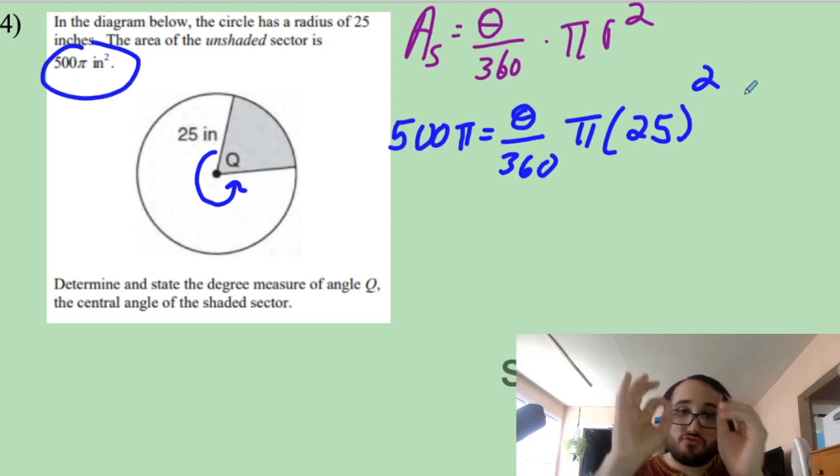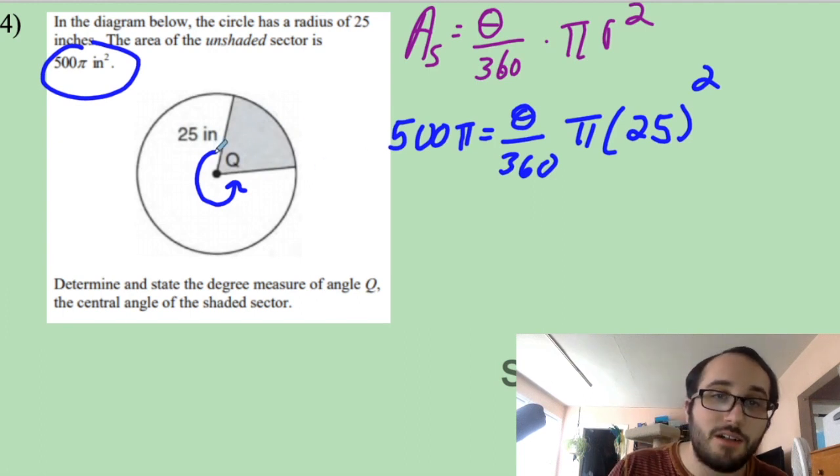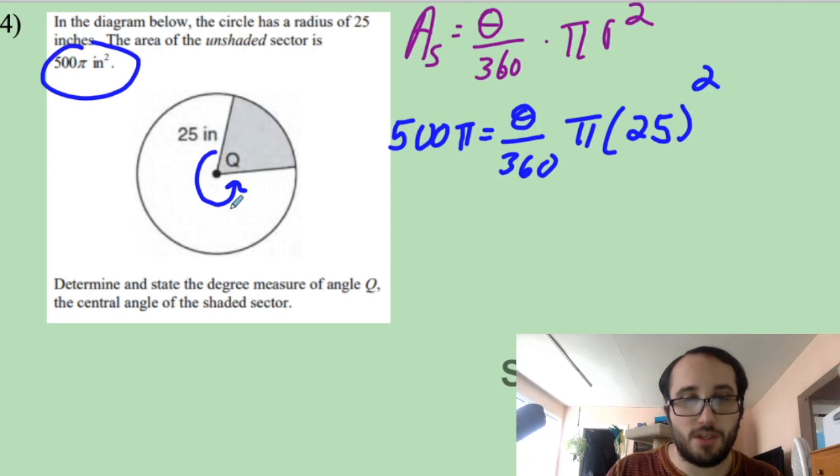Now, I want you to think for yourself. I set up a relationship between two quantities, right? Could I solve for anything in this relationship? Hopefully you said yes, we could solve for theta. Theta, in this case, represents the angle of our unshaded region.